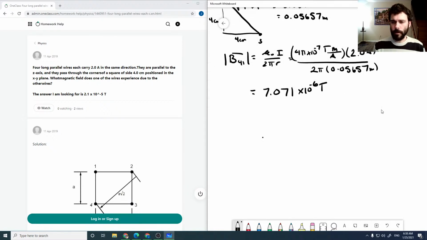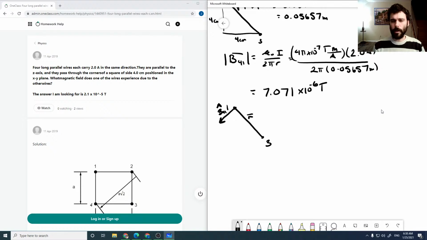So we can see that here's 3, here's 1. Again, using right-hand rule, it's going to be perpendicular to the r and pointed downwards in this direction. So our r vector we can figure out, and this is going to be our B31 hat.